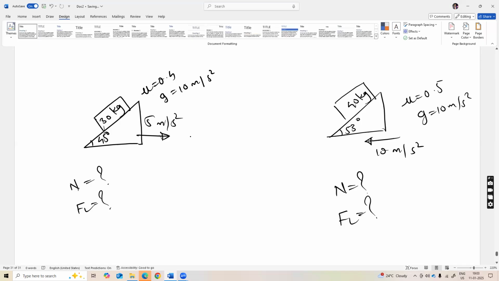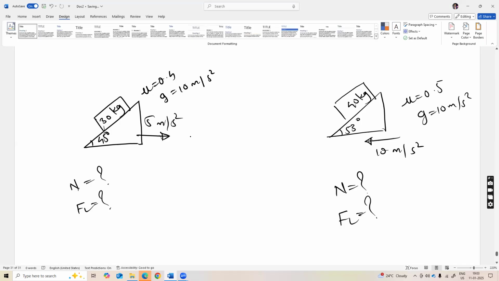Sir, for the first case, N is equal to 150 and limiting friction is equal to 60. For 45-degree angle, is it 150? Can you try to calculate it once again? See, 45 is there, means both cos theta and sin theta will have some root 2 component, right?